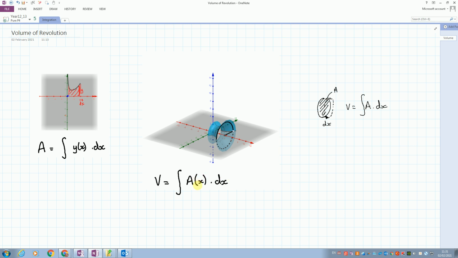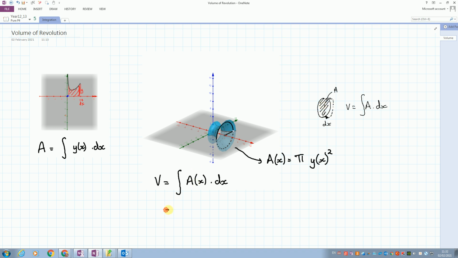Now the area on this one, because it's got a circular cross-section, my area function is pi times y, the y that varies with x, all squared. So to get the area of the circle, we get the radius y, the same y we were talking about here, but we square it and multiply by pi. That gives me the area of a small disk.